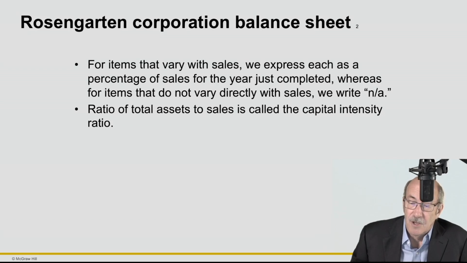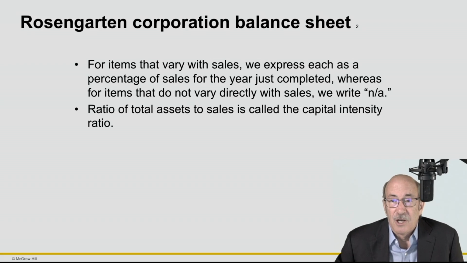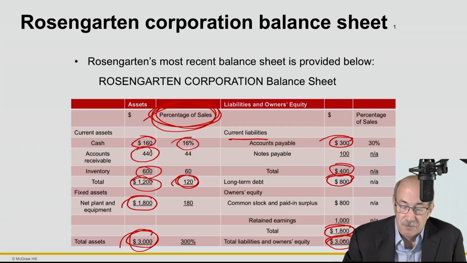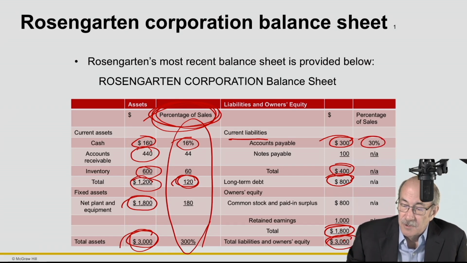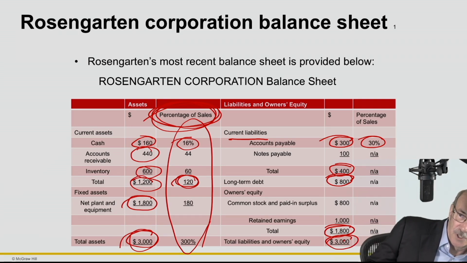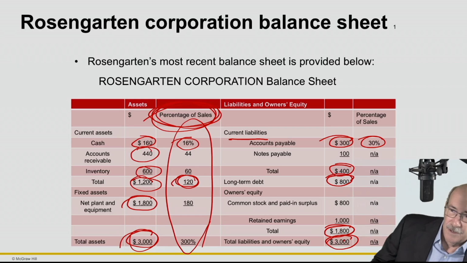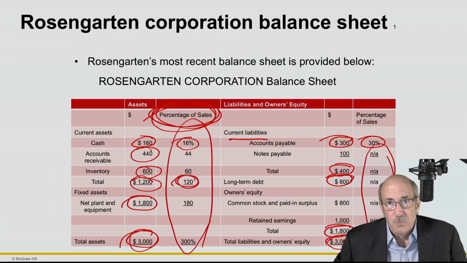For the items that vary directly with sales, we've got a percentage. Notice they're assuming that accounts payable varies directly with sales, but everything else over here is going to be one of those plug figures that we talked about earlier.